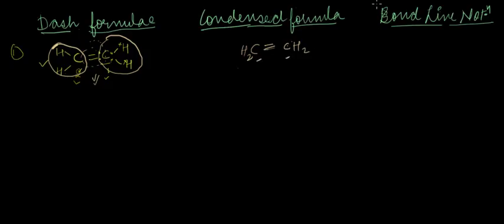So how many vertices would there be in the bond line notation? Exactly 2, because we are only talking about 2 carbon atoms here. And now as we said, we'll be representing the bonds directly between 2 carbon atoms in the bond line notation as well, so it would be simply a bond, right?